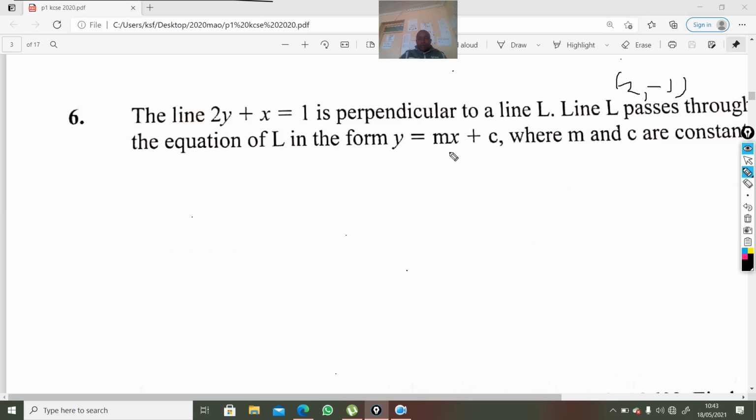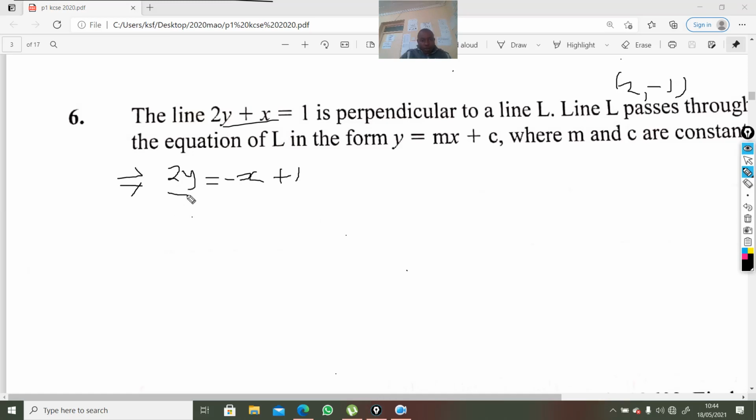So if this equation is perpendicular to L and L passes through this point, first of all we need to find the gradient of this equation. We rearrange it in the form y equals mx plus c. If I take x the other side, it becomes 2y equals minus x plus 1.